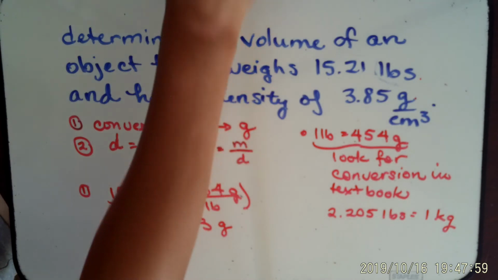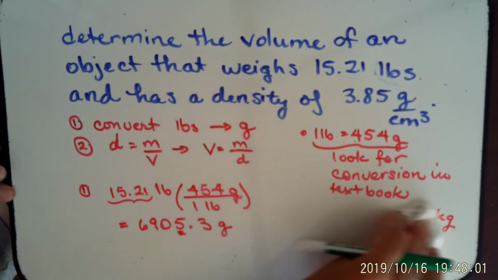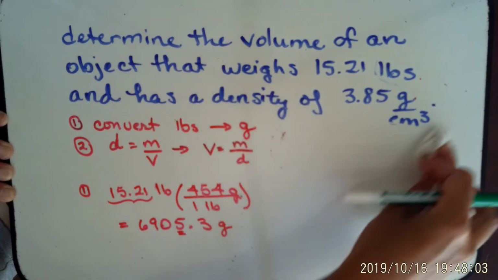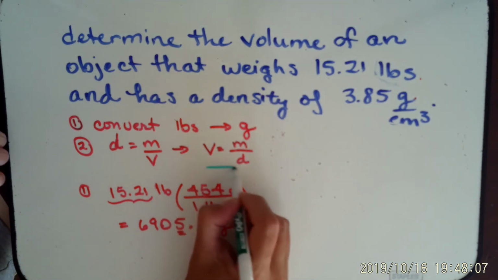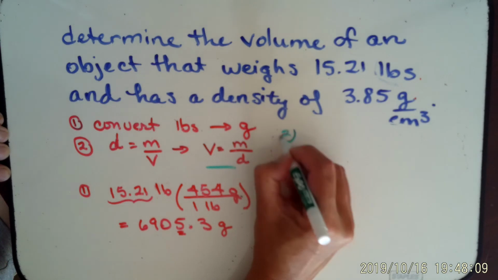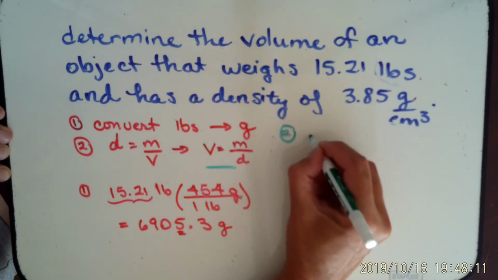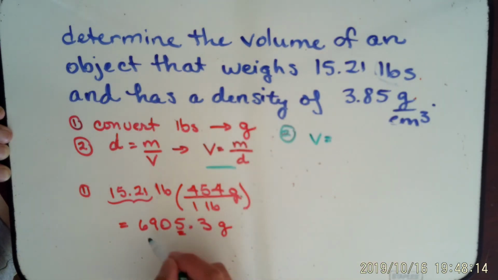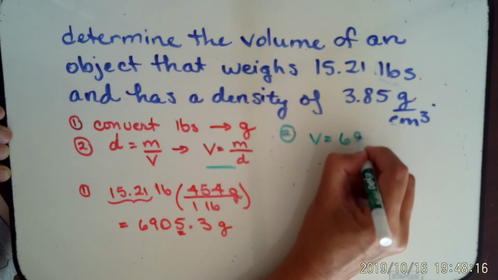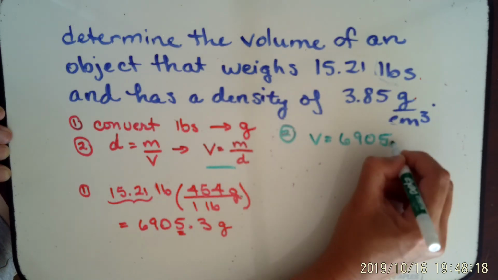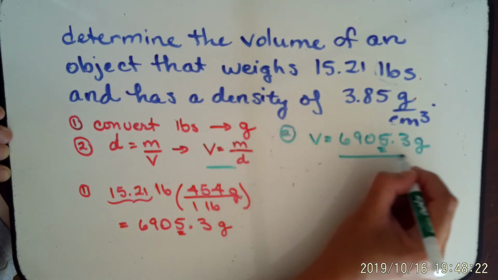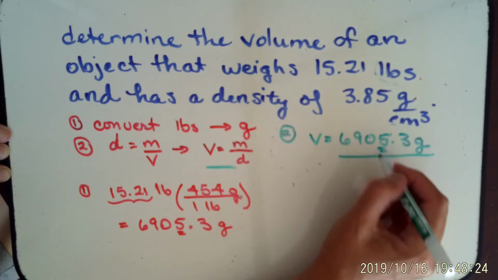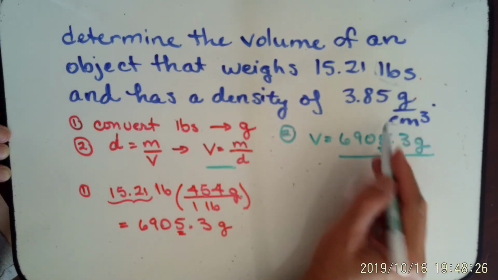Now let's do step 2. We're just going to go ahead and plug in our values into this formula. So for step 2, volume is equal to 6,905.3 grams, divided by 3.85 grams per cubic centimeter. I did this so I remember, this should be 4 significant figures.